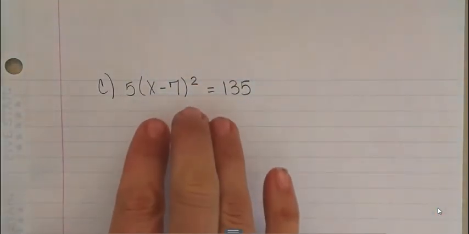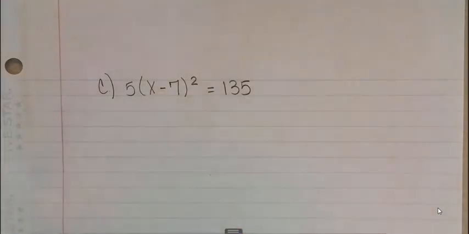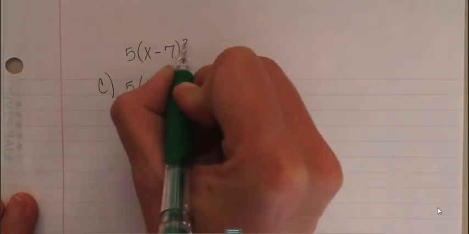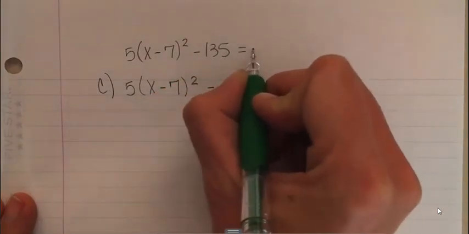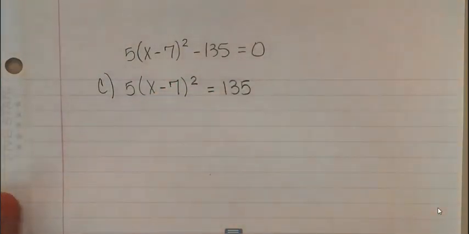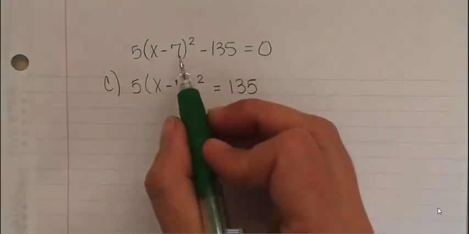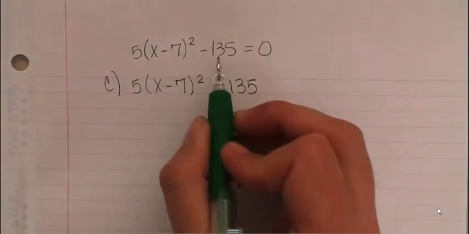So this to me looks a lot like a certain form. That's right, vertex form. So if I wanted to graph this right now, I could easily subtract 135, and I could either call that 0 or y. Right? So I would know that my vertex is at 7, negative 135.